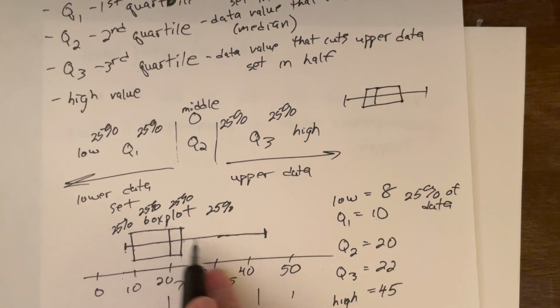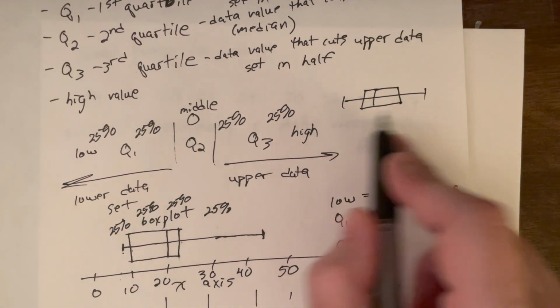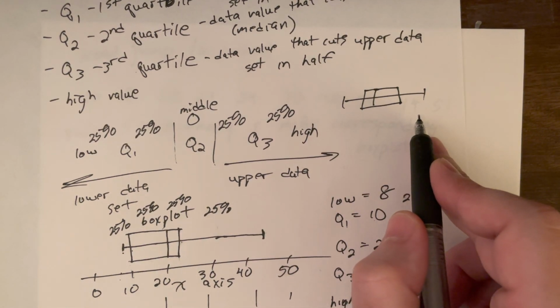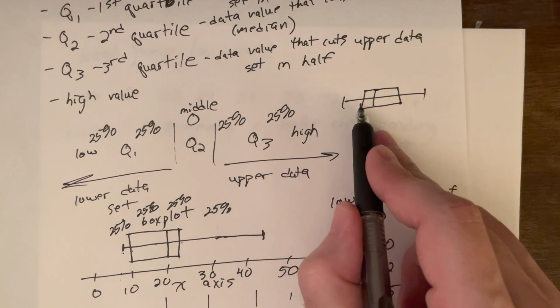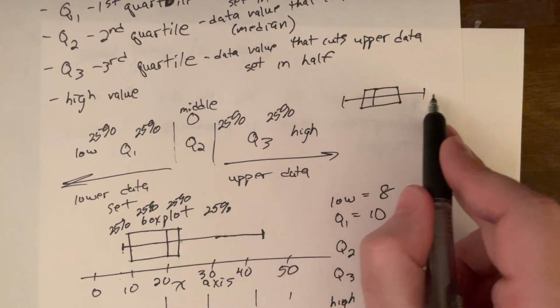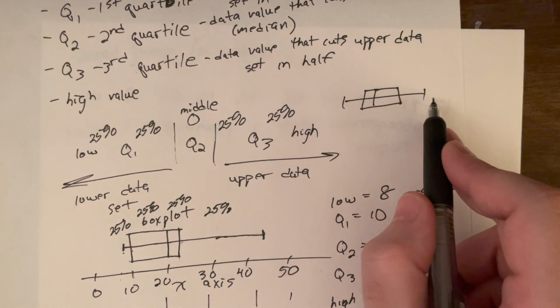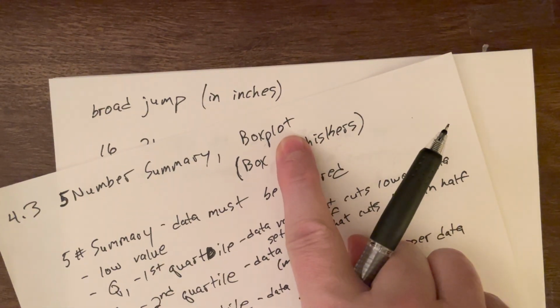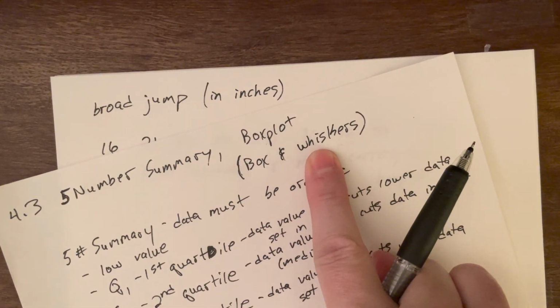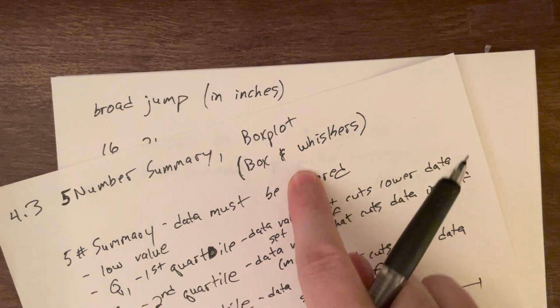Little gap here, bigger here and here, but something more like this. And the idea was it kind of looks like this is the middle of a face and here are the whiskers coming off the side. It's a little silly, I admit it, but just so you've heard that expression. Again, our book really calls it a box plot, but just in case I accidentally say box and whiskers, it's the same thing.